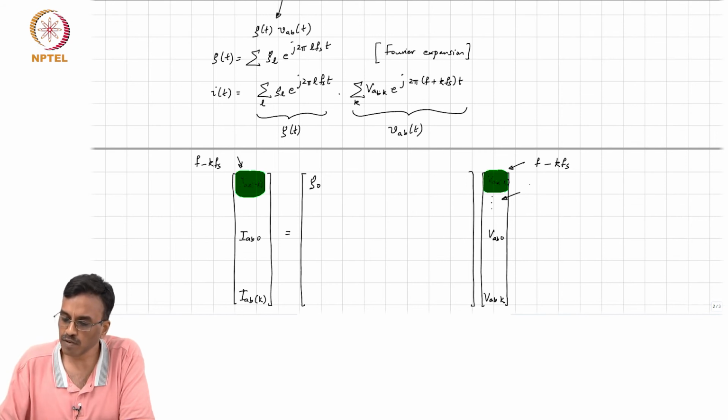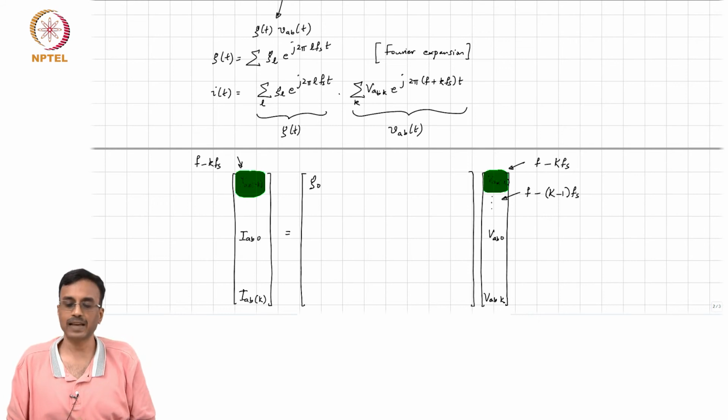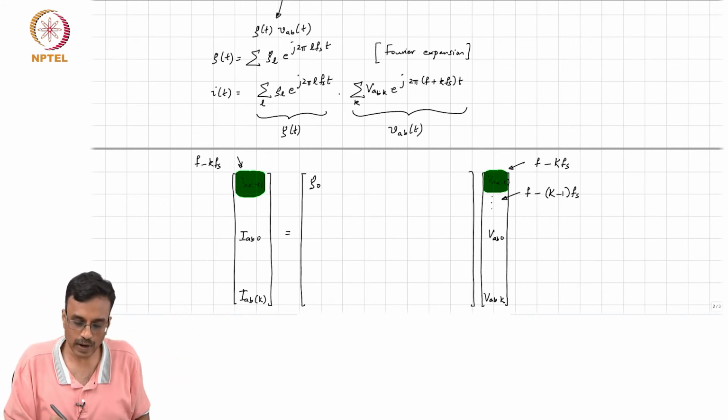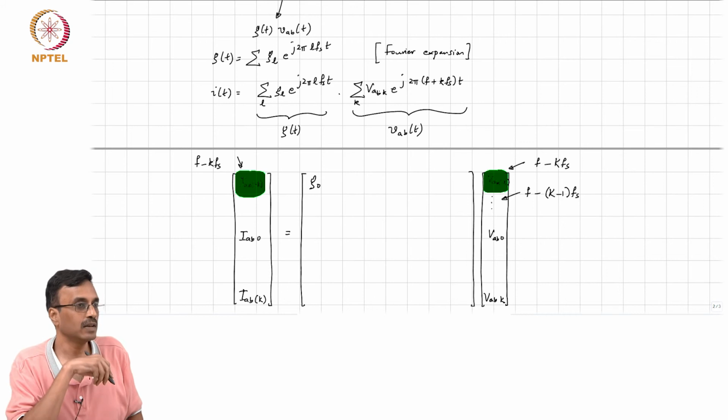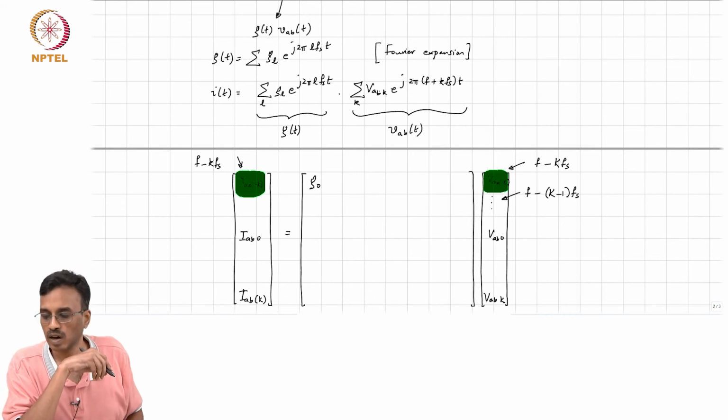It will have a frequency of F minus K minus 1 times Fs. If that has to result in a tone at F minus KFs, what should you multiply it by?